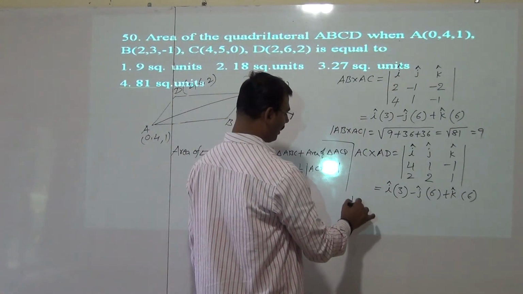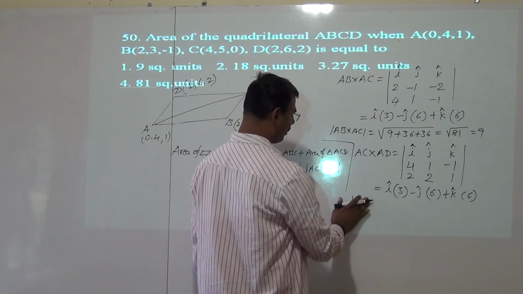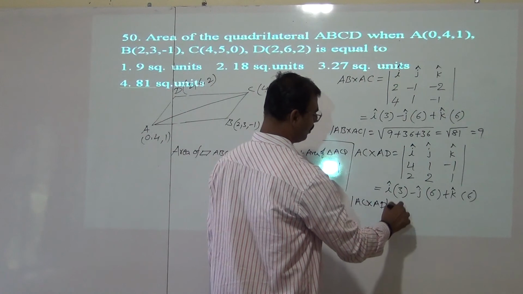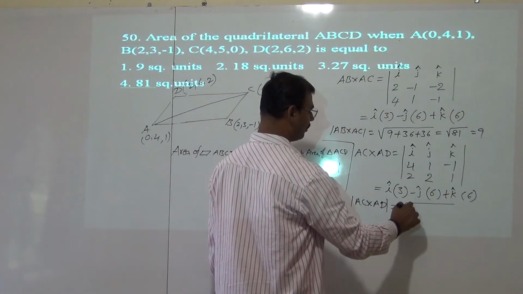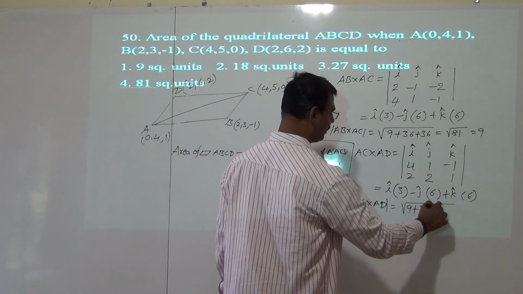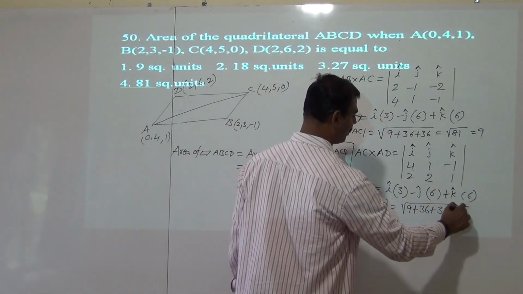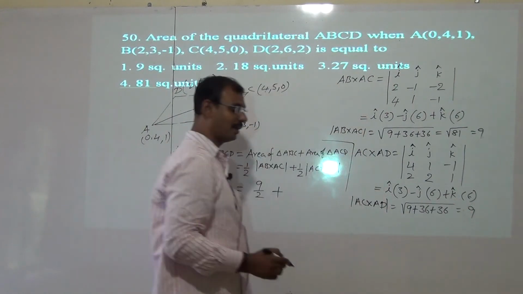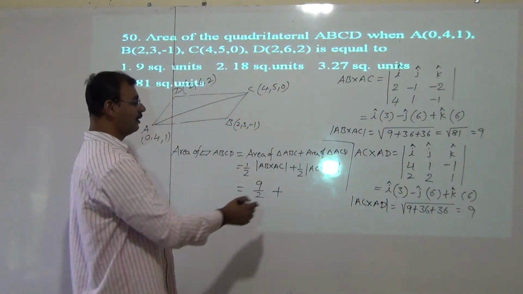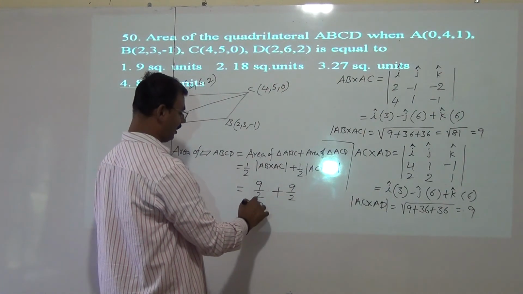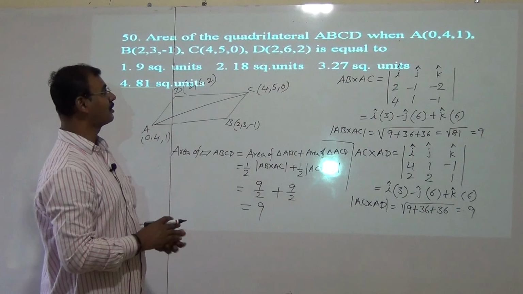Magnitude of AC cross AD is the square root of 3 squared plus minus 6 whole squared plus 6 whole squared, which is the square root of 81, that is 9. We got this value also as 9 by 2. 9 by 2 plus 9 by 2 is 9 square units.